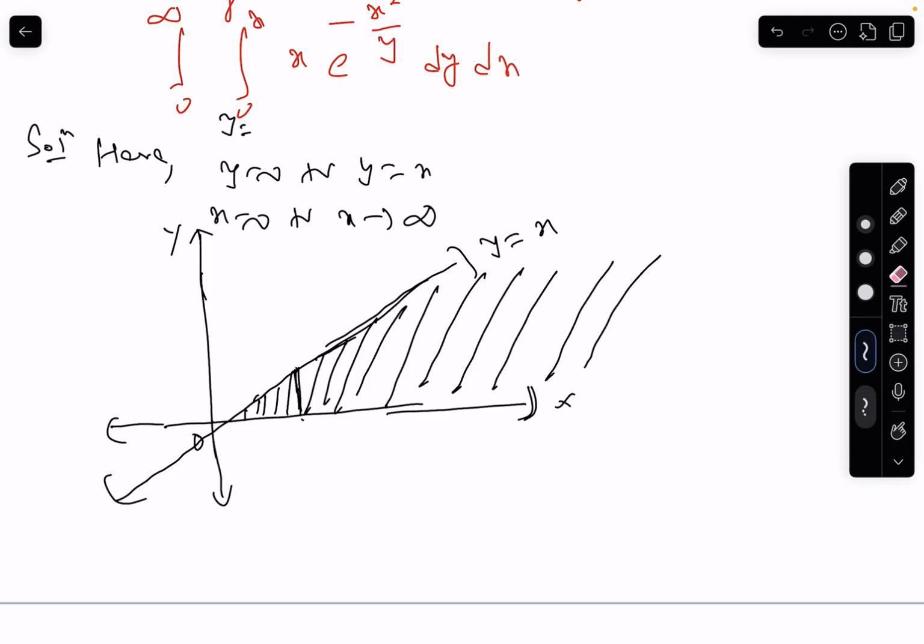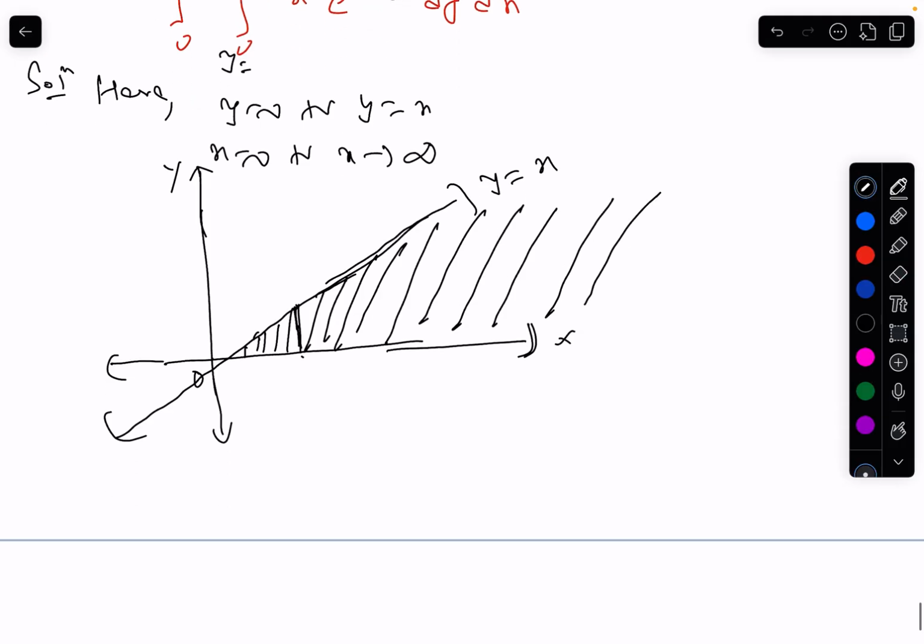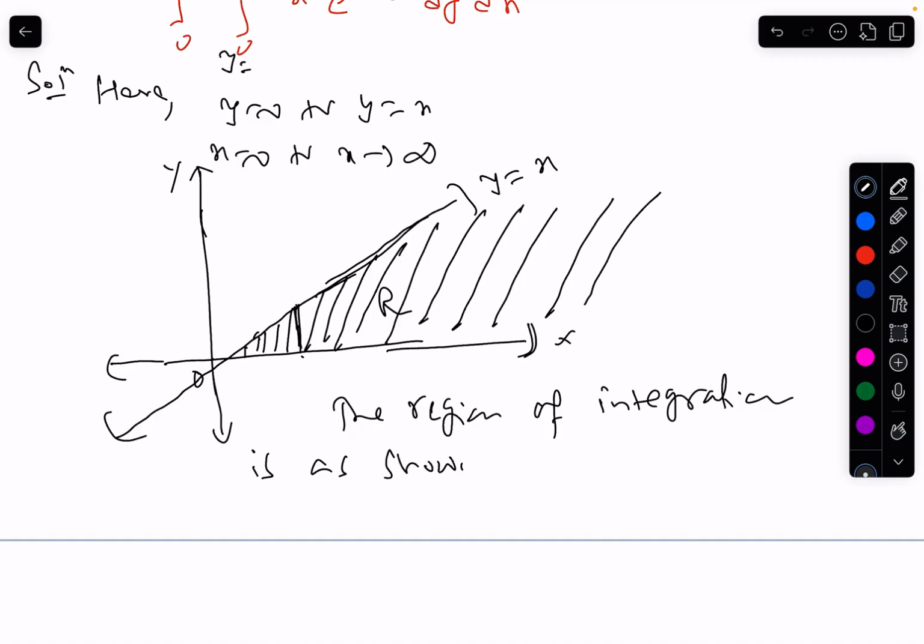Okay, so the region of integration is as shown in the figure.